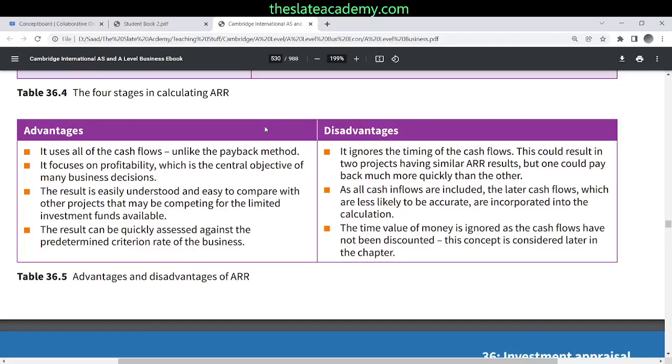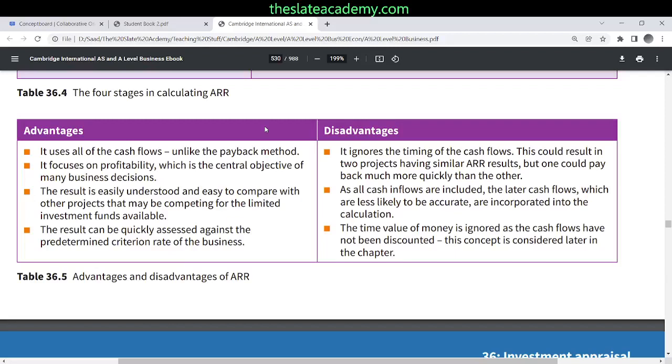Similarly, it's easy to explain to people that this is the profitability. People have a sense of what profitability is, and it's easy for them to compare the profitability of other projects and to obviously make sense that the project with the largest profitability is the one that should be pursued.